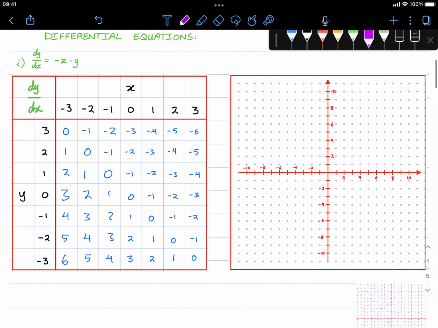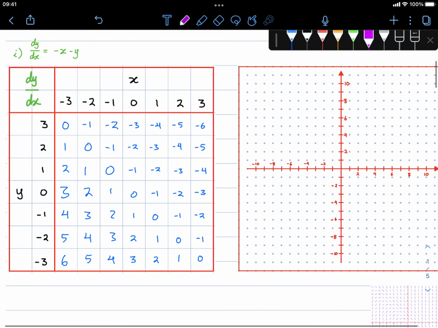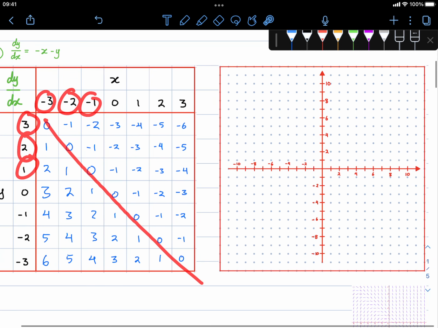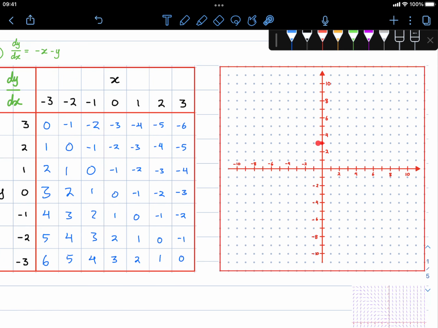So now sketching this, what this indicates is along the diagonals of -3 and 3, -2 and 2, -1 and 1, and so on. So starting from here, we'd have a 0 gradient, and it would be the same gradient along this diagonal.